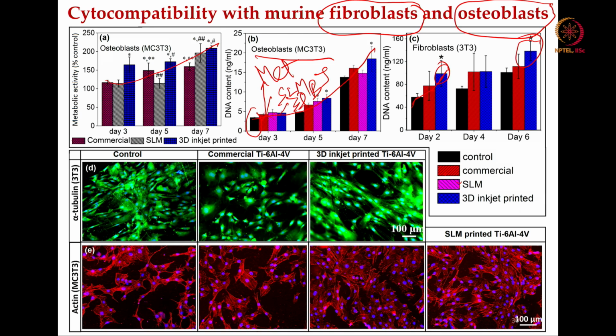Now, we have stained the cells fluorescently and used fluorescence microscopy to image the cells adhering on the structure. These 3T3 fibroblast cells on the 3D printed structures spread very well. The same is true for the osteoblast cells, where this is actin stained, and you can see MC3T3 osteoblast cells adhering on these materials.